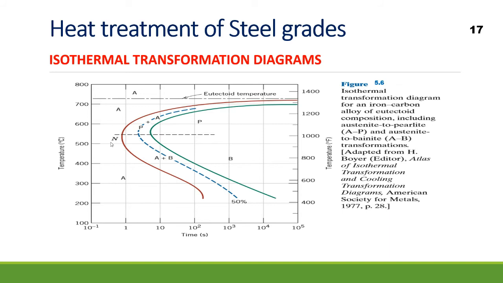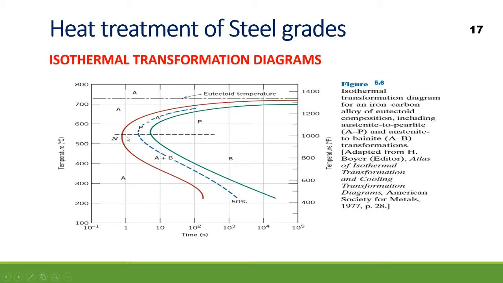We already know that the rate of transformation first increases and reaches a maximum, and then it goes sluggish, or I can say it gets slow after some time. So the point where the rate of transformation is maximum, we call the nose of the TTT diagram.